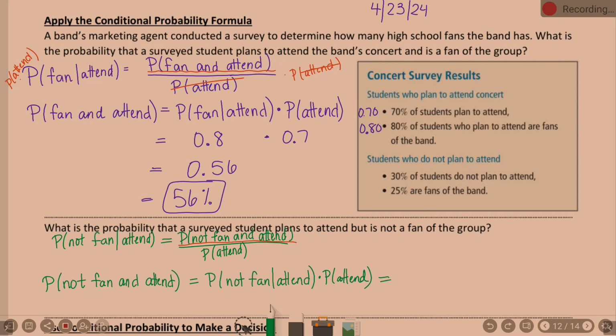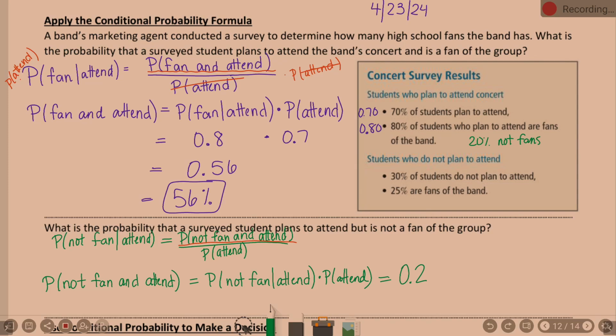Are you guys with me there? If they're not a fan but attended, we have to look at those who attended, right? And right there, 80% are fans, so that does leave the other 20% that are not fans.